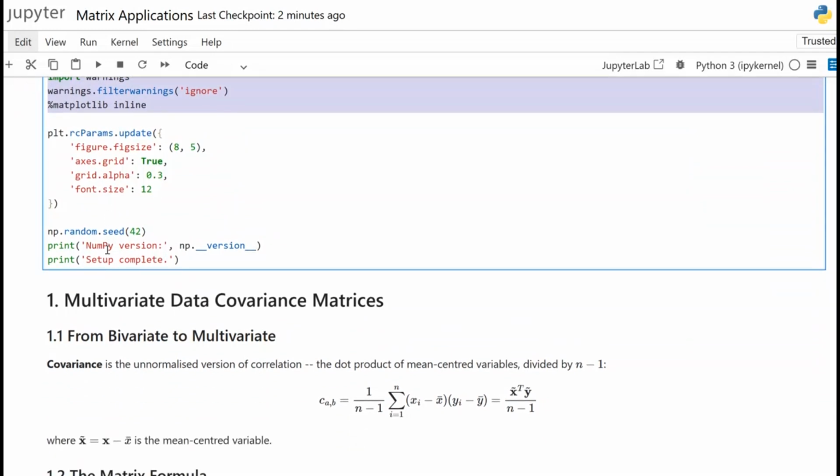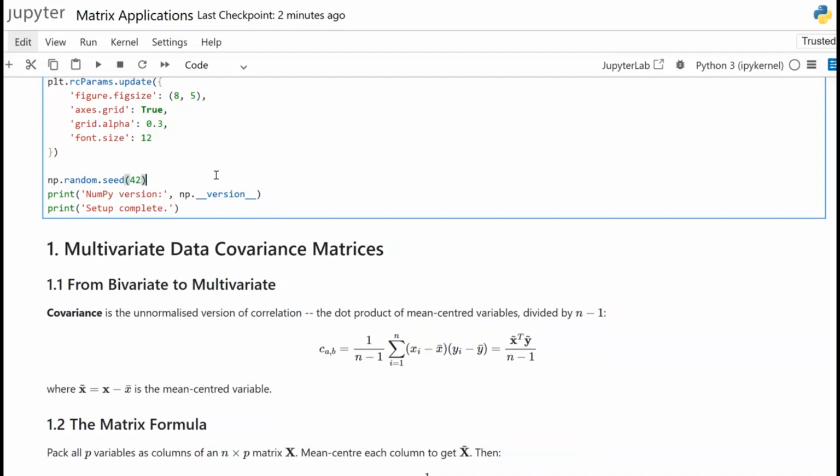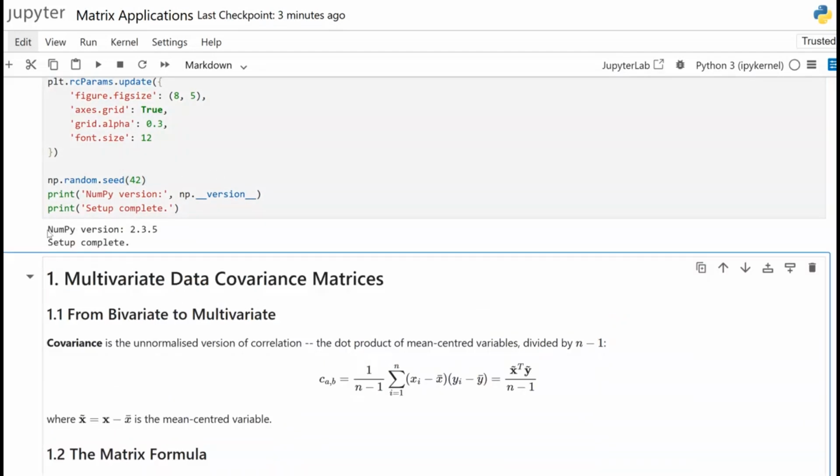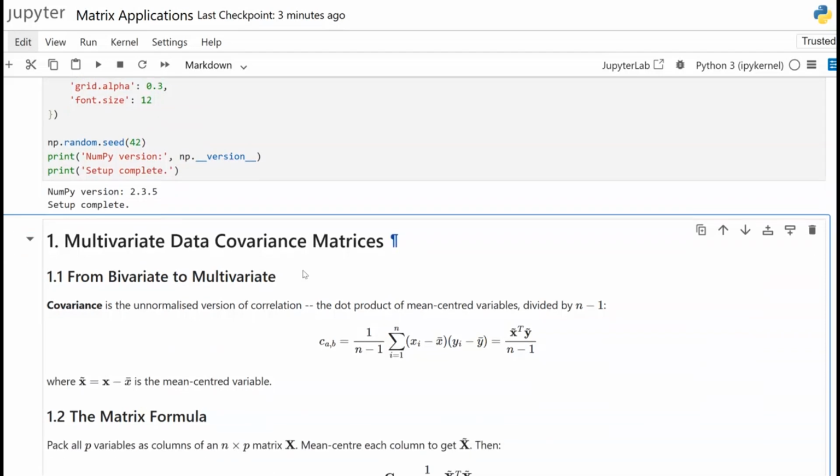And dear friends, we have included the random seed. This fixes the random number generator state, which ensures reproducibility. Let me execute and check the version of NumPy. Yes, it is 2.3.5.